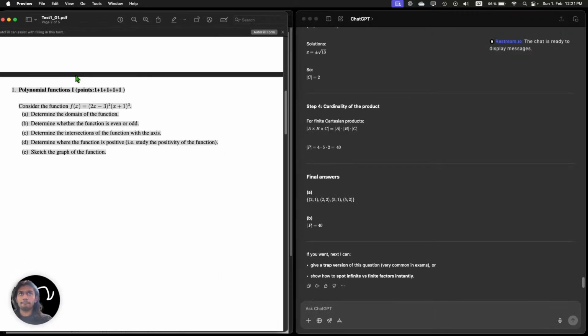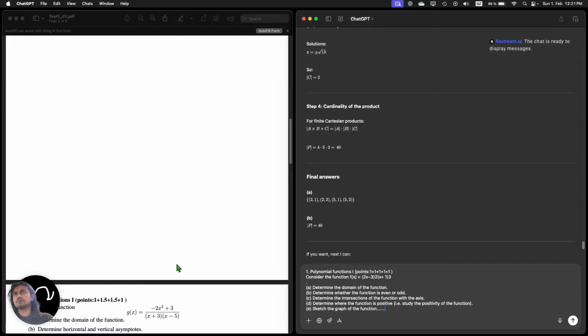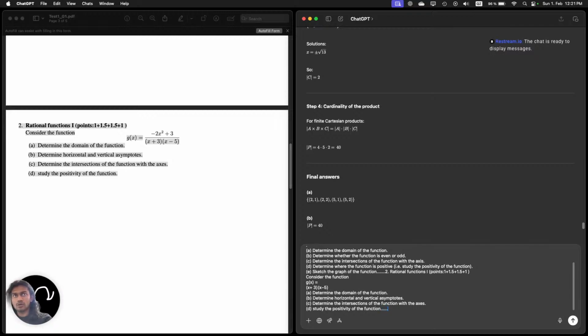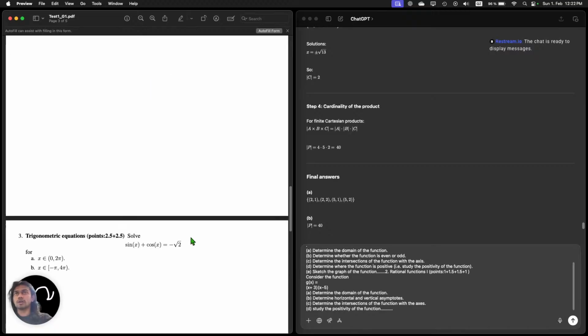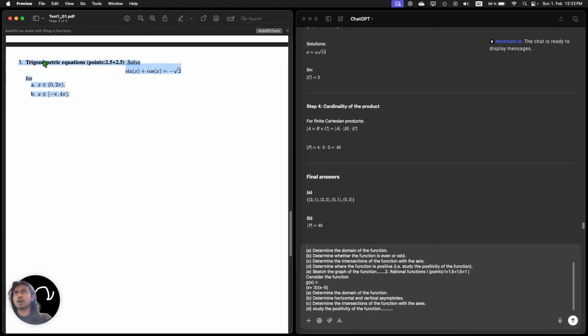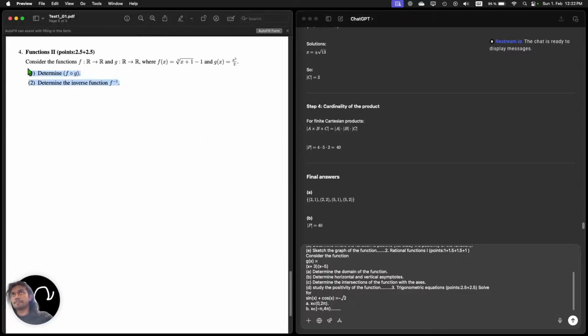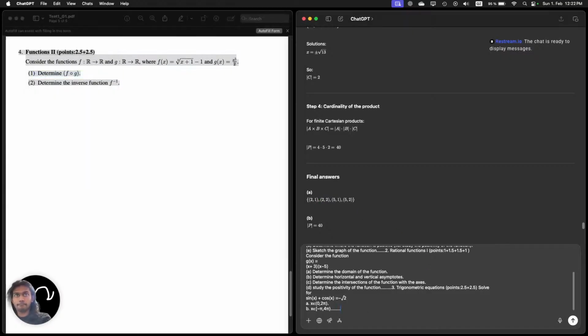Copy. Paste. Oh, you did not even get the full equation. Okay, whatever. Trigonometric equations. Copy. Paste. The F inverse type sheet. Copy. Paste.